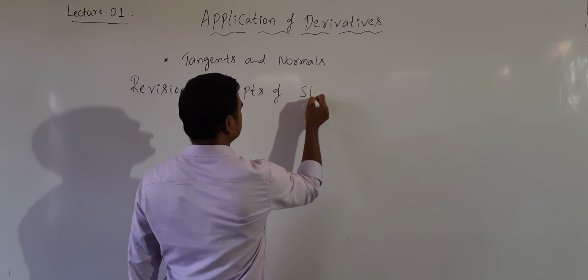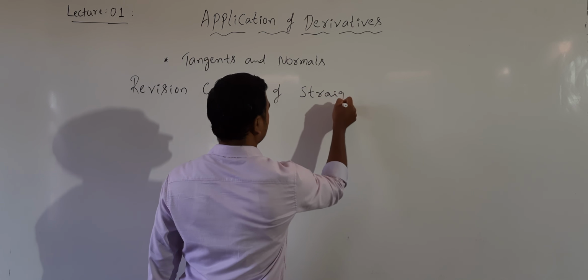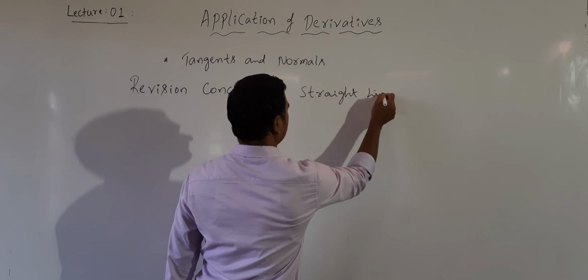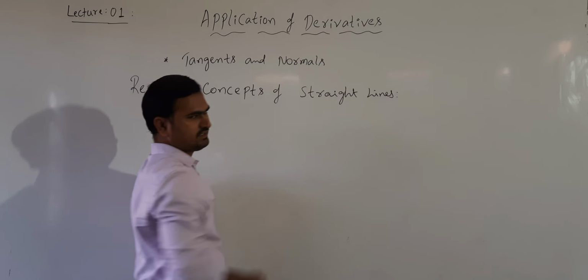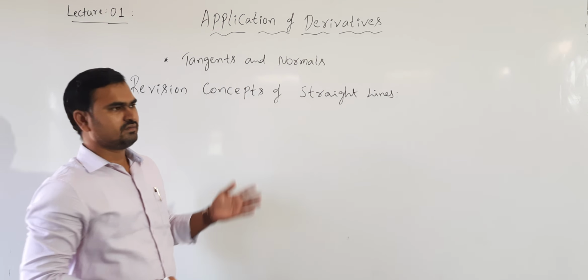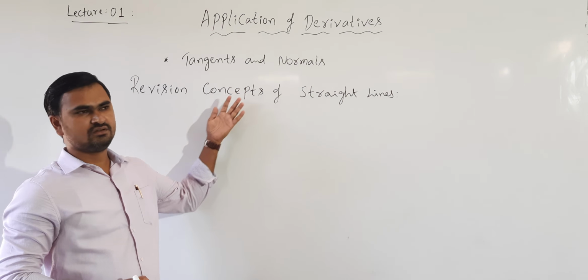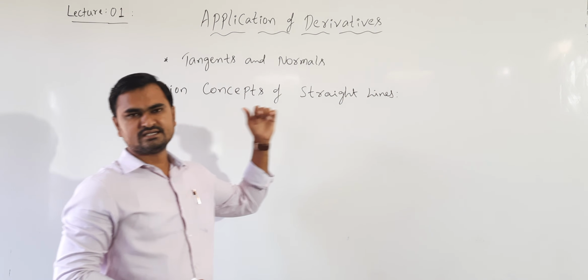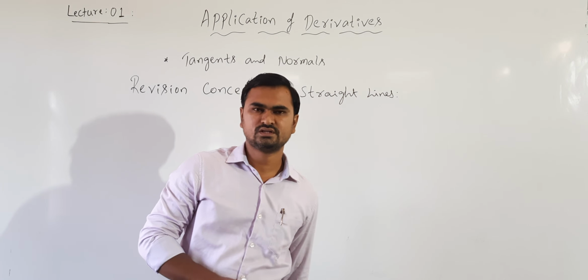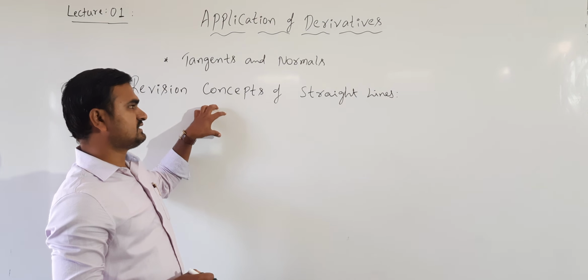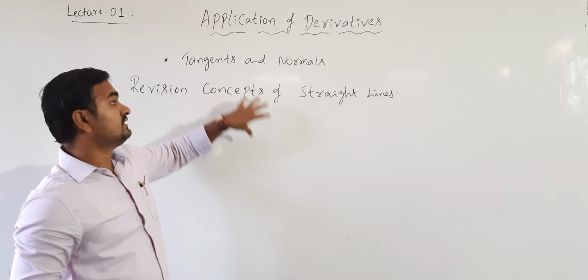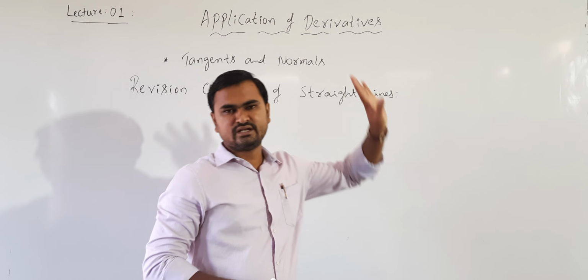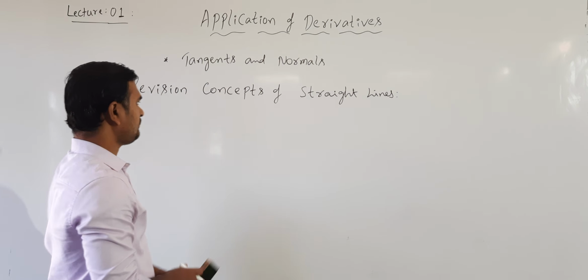Because tangent or normal, they are in form of straight lines. So whatever the concepts we studied in straight lines, that we are going to use here. So let us revise some concepts first, then we will be starting what is tangent and normal.